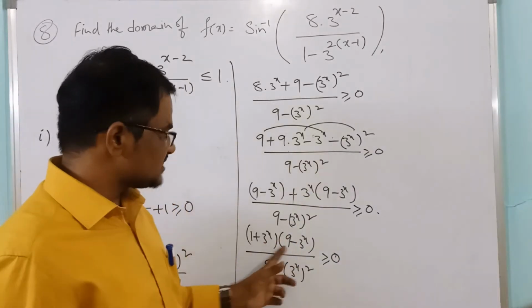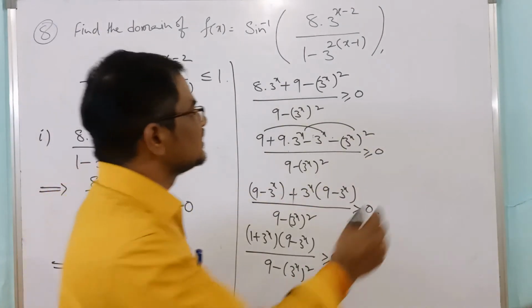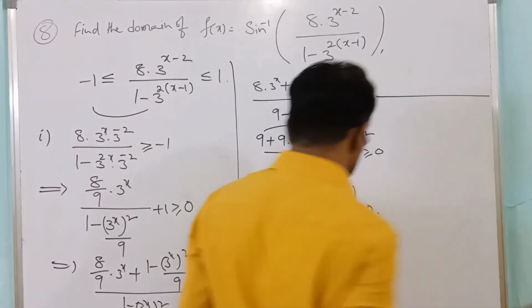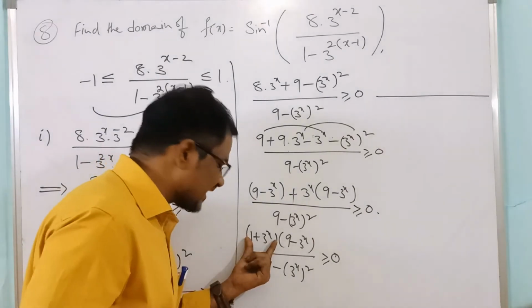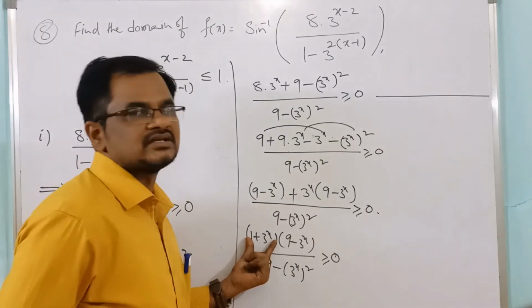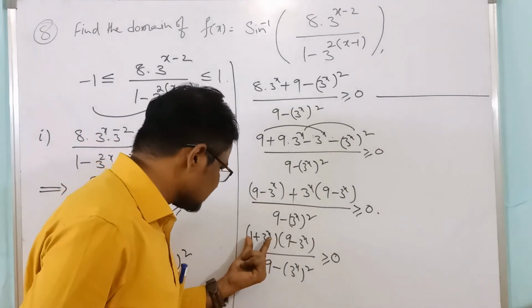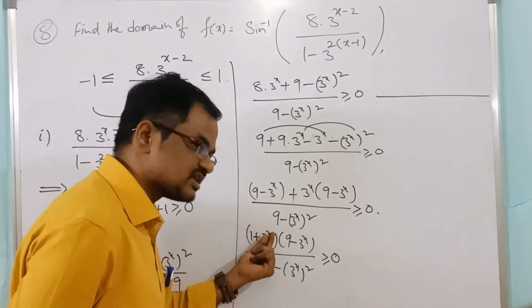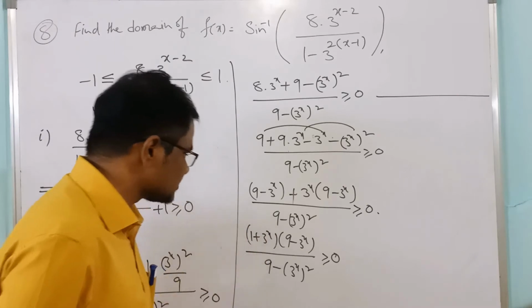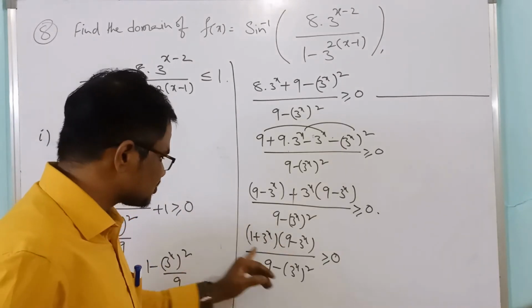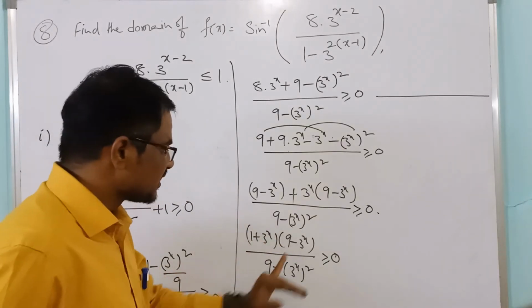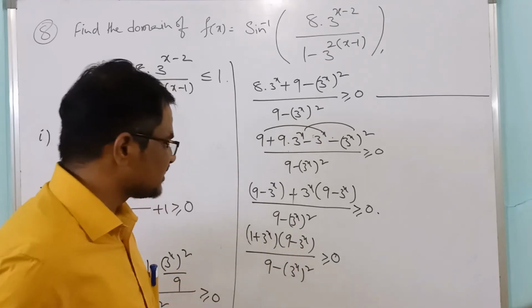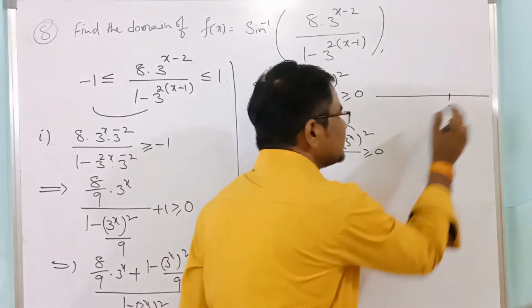Now take these points on the real number line. So what are the critical points? This factor is never 0, because this bracket 1 plus 3^x is an exponential function, never negative. So this is also never negative, meaning this is a positive value only. Now what is the critical point for this one? x equal to 2, right?